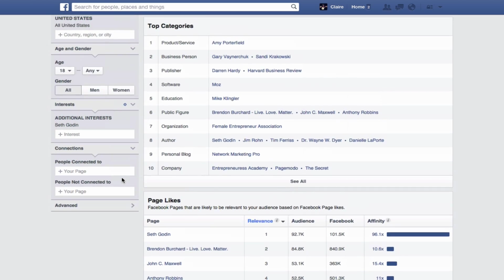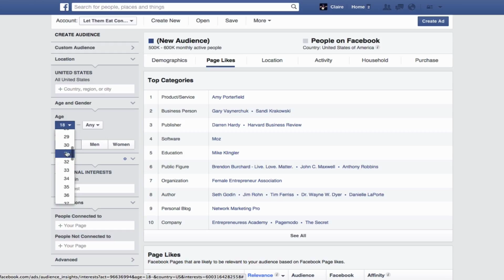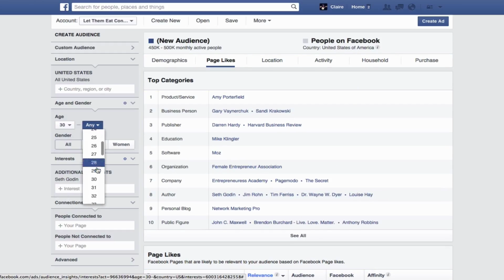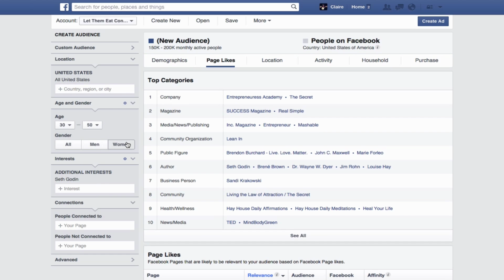So what if I want to get a little bit more specific about my people? I don't target 18-year-olds. I would probably go up to around 30 to 50-ish, let's just say that. And in general, I target women. So look how things changed. You actually have a lot more interest categories that are more female specific, and that makes sense.